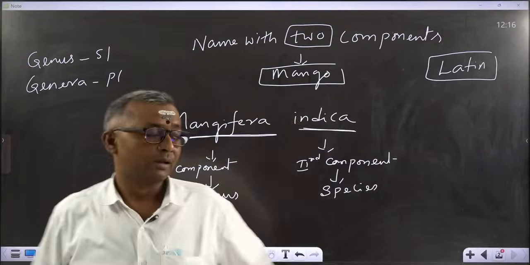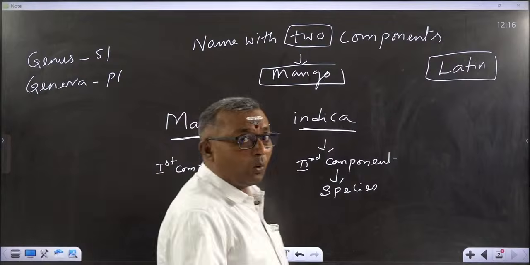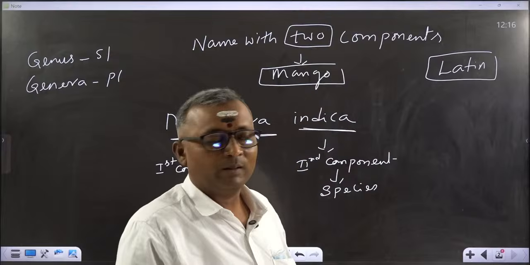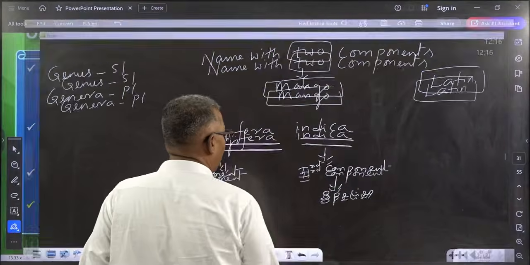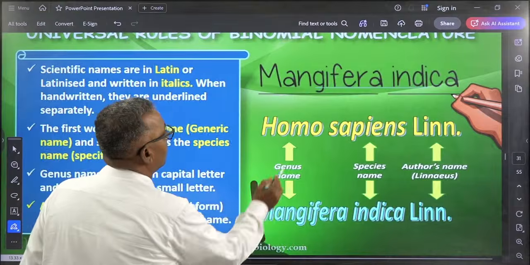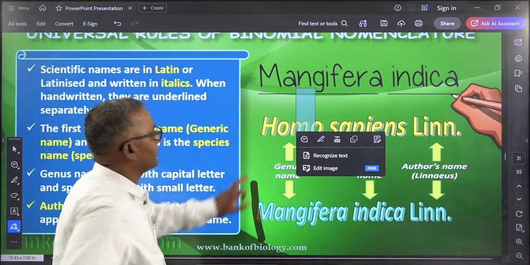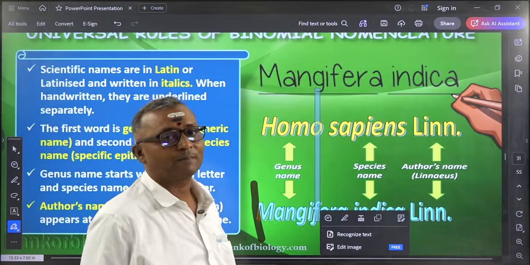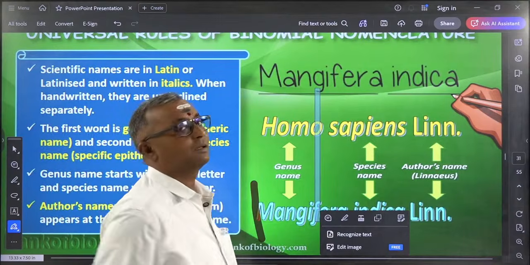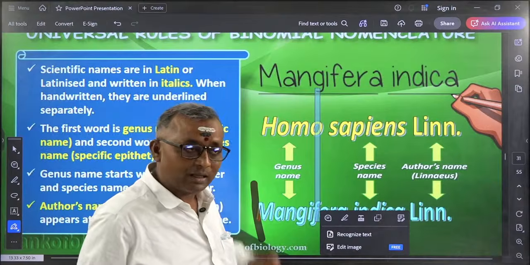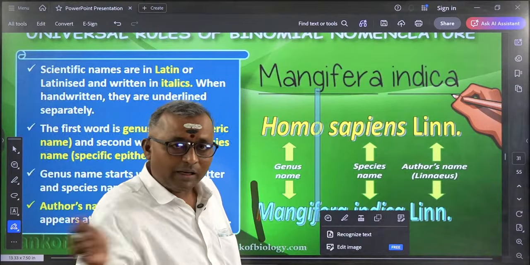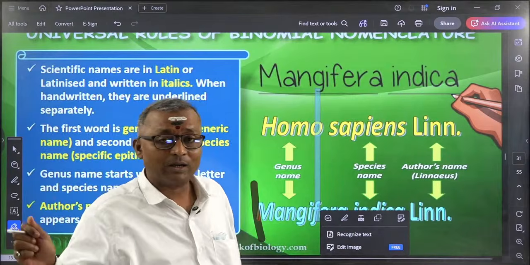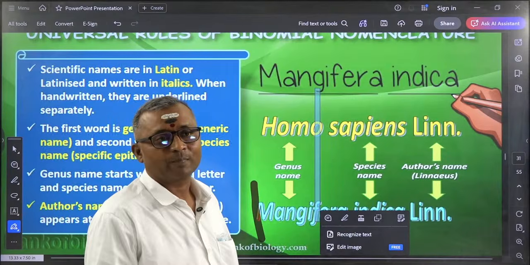And if you are publishing the same name in a book, then it has to be published in the form of italics. When it is published, it has to be published in italics, whereas when you are writing, you have to give a separate underline for genus and separate underline for species.